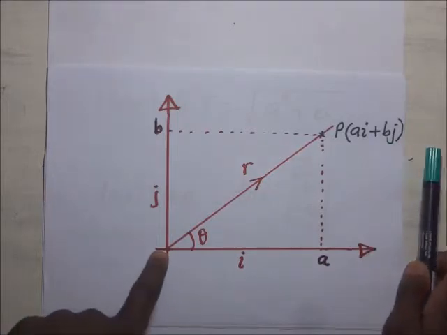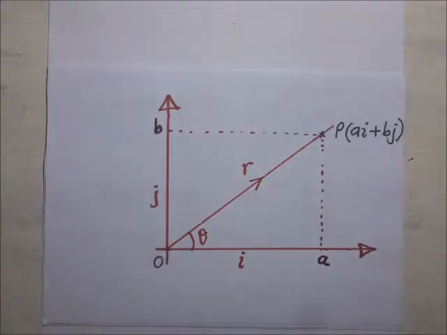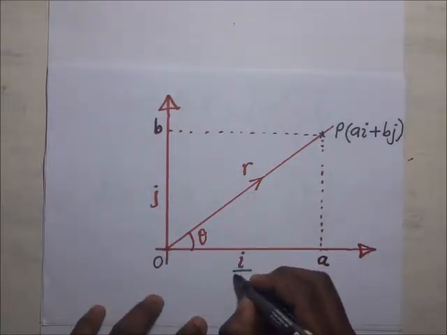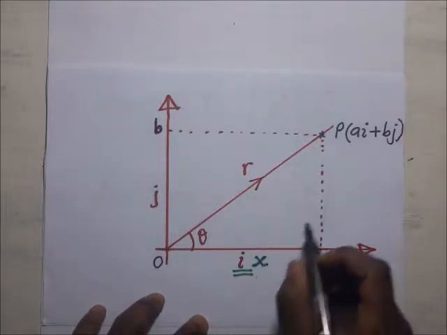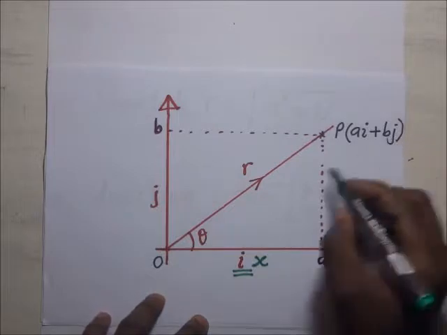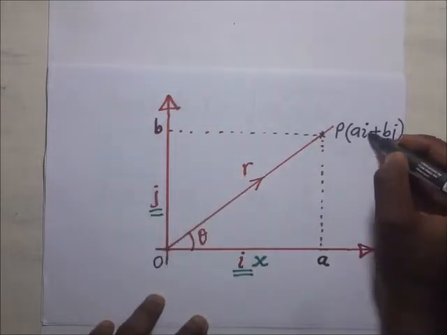And in this case, when we are using the ij notation, the i denotes x, how many steps you have to make in the x direction, then the j stands for the y.